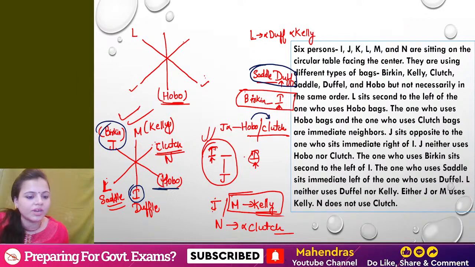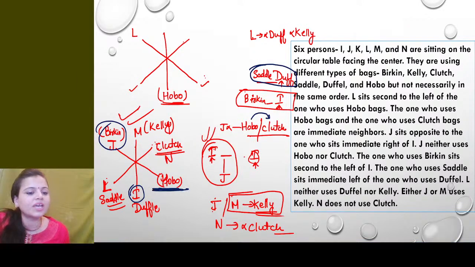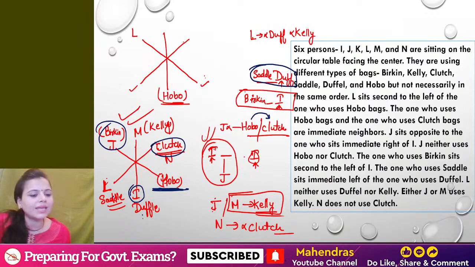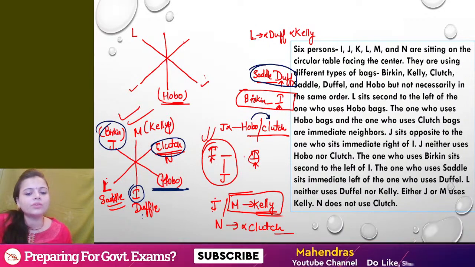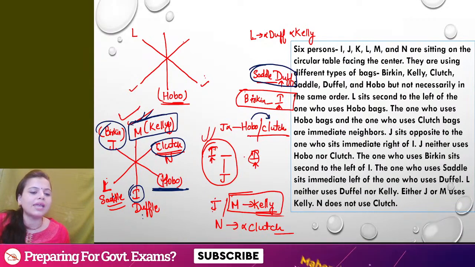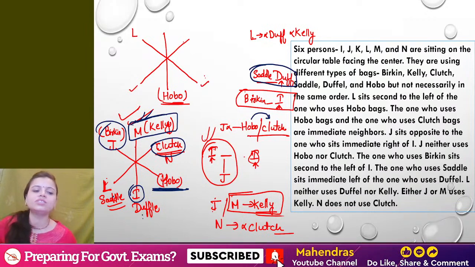There is only one place for hobo. So this becomes the clutch so that we get the duffel and saddle in this place. Now we know that M likes Kelly, so there's only one place for M Kelly, so you put M in this place. So this is your final.